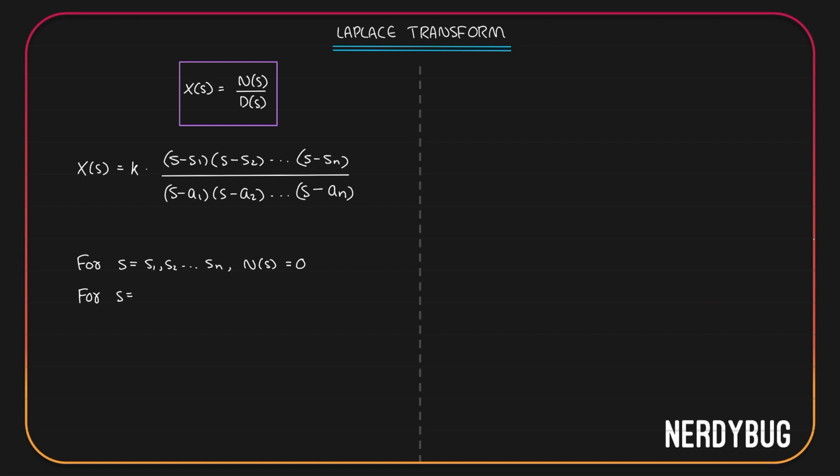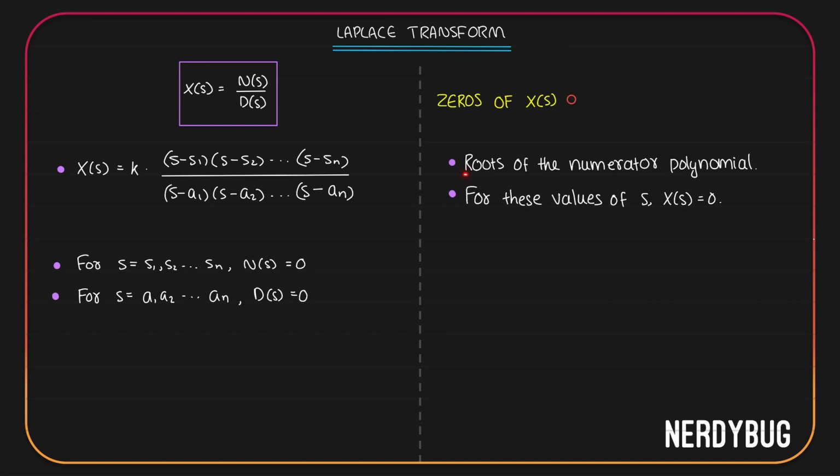Similarly, for s being equal to a1, a2 up to an, we will get the denominator to be equal to 0. The values of s for which the numerator becomes 0 are called the zeros of x of s. These are the roots of the numerator polynomial, and for these values of s, x of s will become 0 because the numerator is equal to 0.